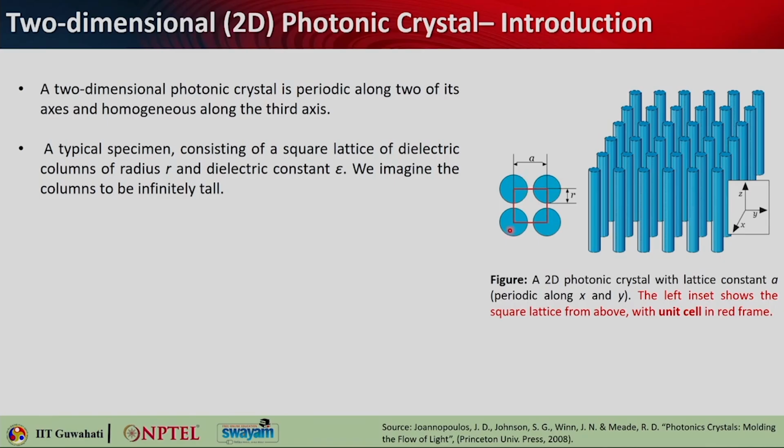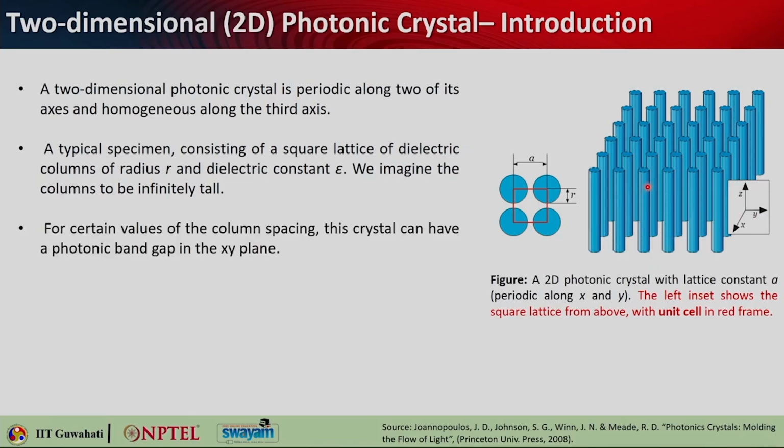So it's basically a square lattice, right? If you look into the dimensions, x and y are the dimensions where the periodicity lies, and along the z axis it can be infinitely tall. Now for certain values of column spacing, that is a, this crystal can gain a photonic band gap in the xy plane.